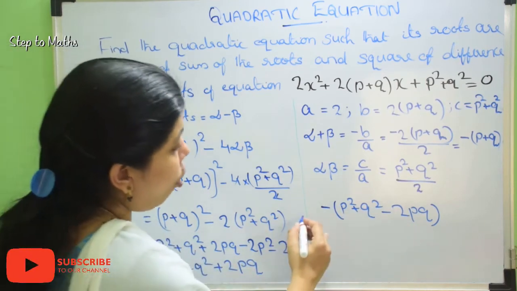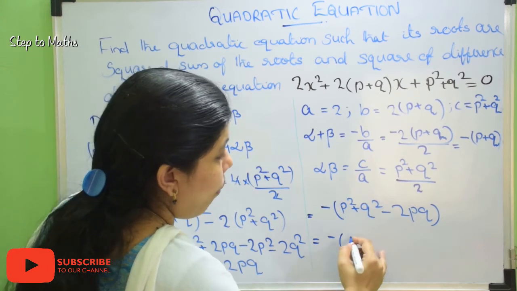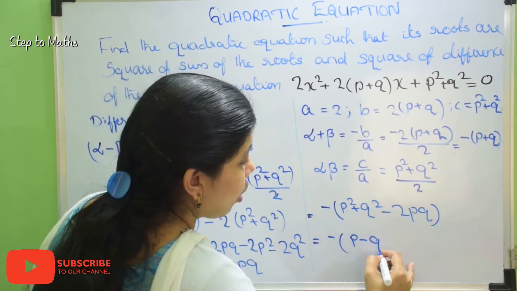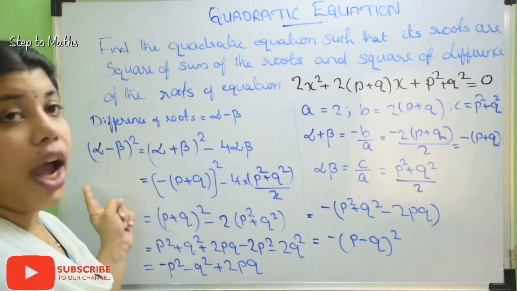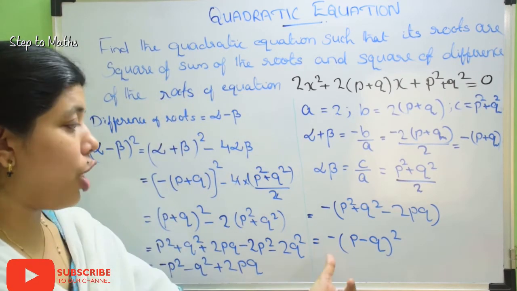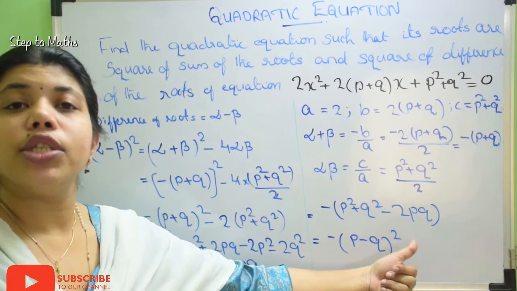This is in the form of minus of (p minus q) whole square. So alpha minus beta whole square is equal to minus of (p minus q) whole square.